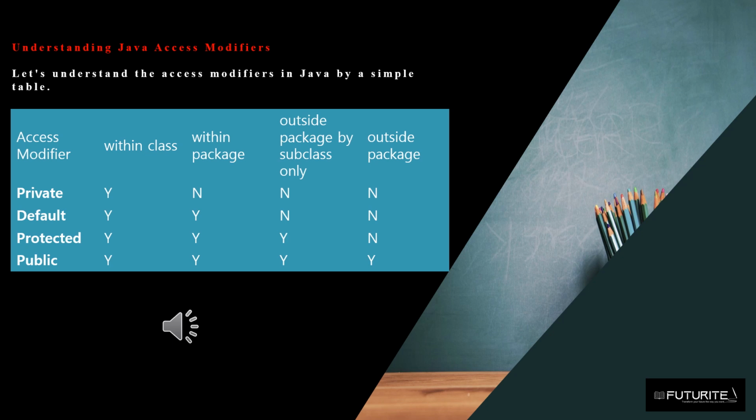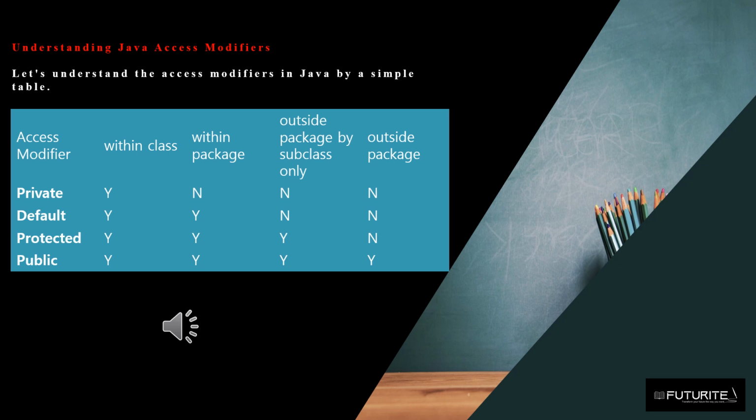For default, the members can be accessed within the class, that is the boundary, as I have said before. They can be accessed within the package, but they cannot be accessed from outside the package by inheritance, or even normally outside the package.